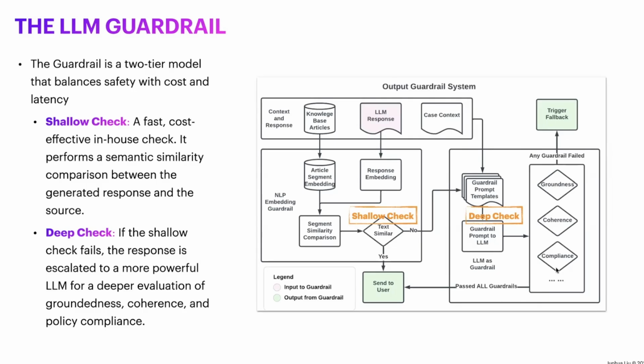So if this test fails, it will trigger some fallback. That means this text will not be sent to the user, but instead this may be escalated to customer support, or will prompt the user with an internal error or to restart it again. So this is essentially how the two-layer safeguard works.